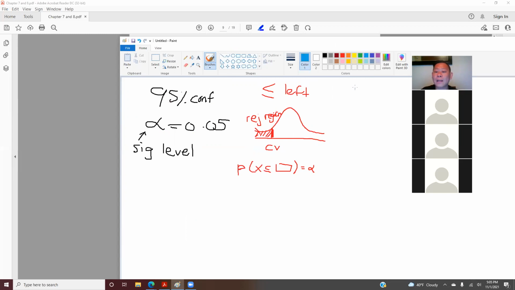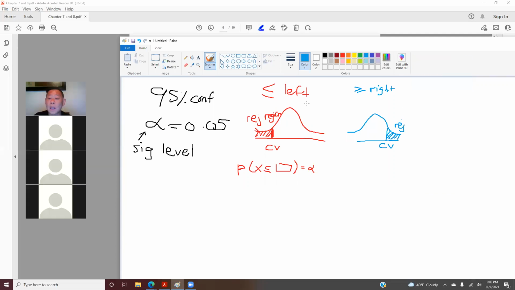If you have a right tail, it will be on the other side. Your critical value will be on this side, and your critical region, or rejection region, is going to be on the right side. In order to find this critical value, you use P(X greater than or equal to blank) equals alpha.